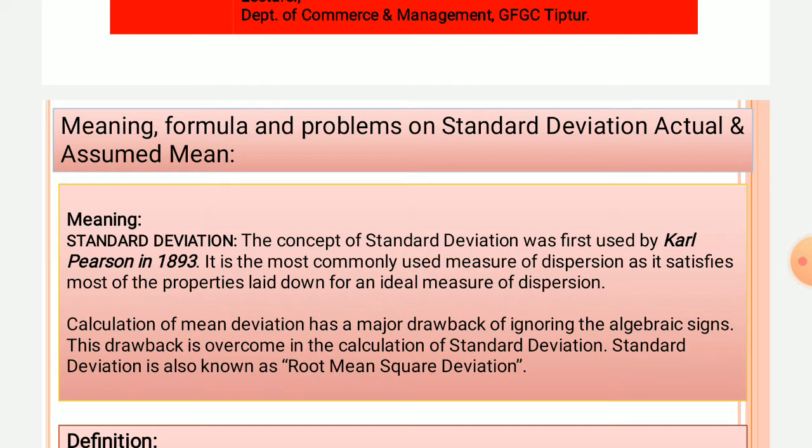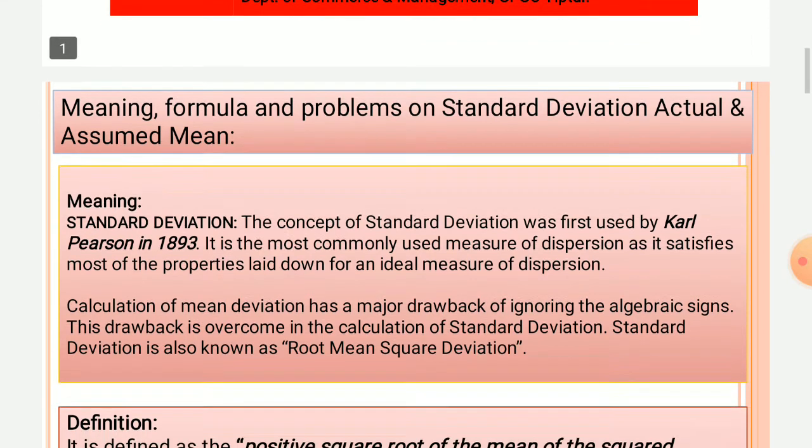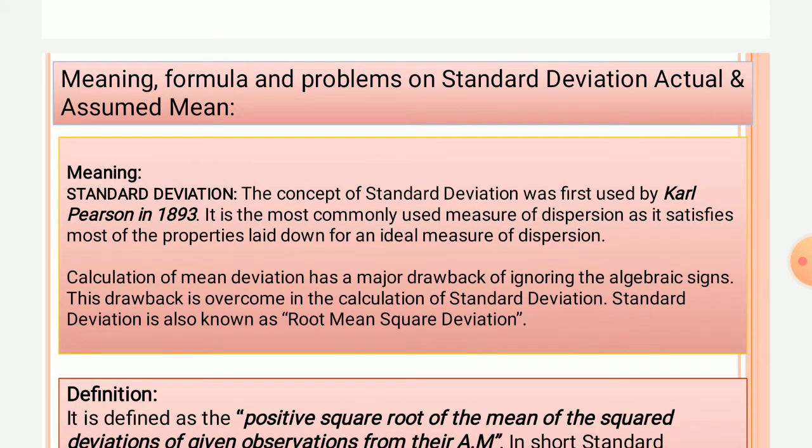in the year 1893, and it is the most commonly used measure of dispersion as it satisfies most of the properties laid down for an ideal measure of dispersion. It is the most important measure of dispersion, and it is widely used in many statistical formulae.